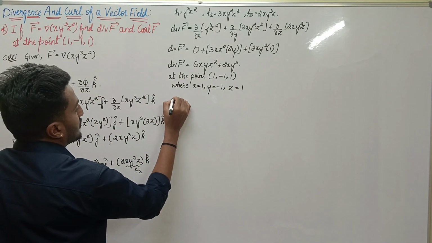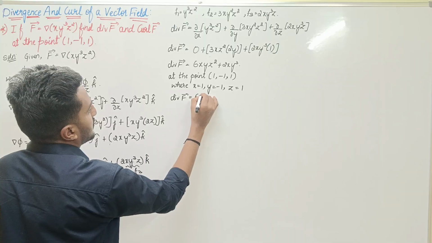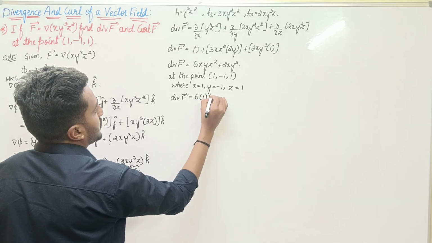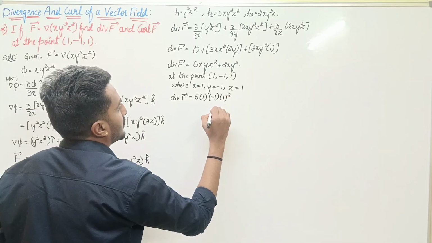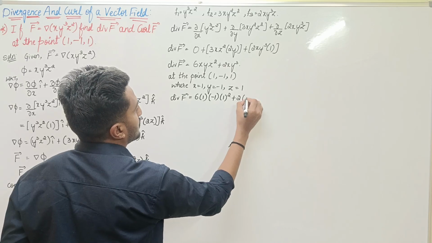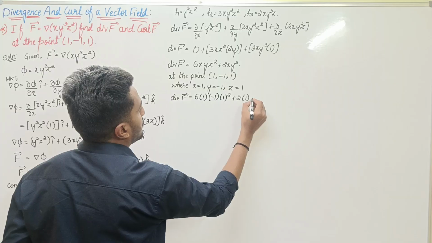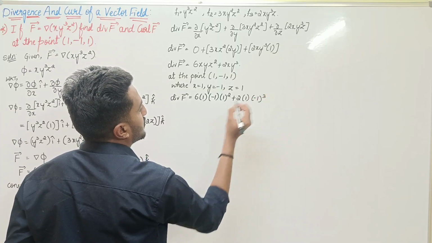Got the point? Now divergence of vector f is equal to 6 into 1, y we have -1, z we have 1 squared. Similarly, next we have 2 into 1, y³ we have (-1) cubed.